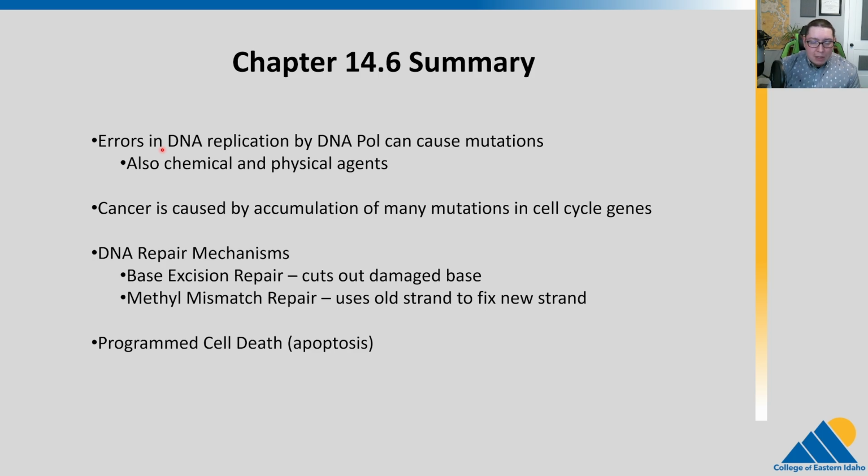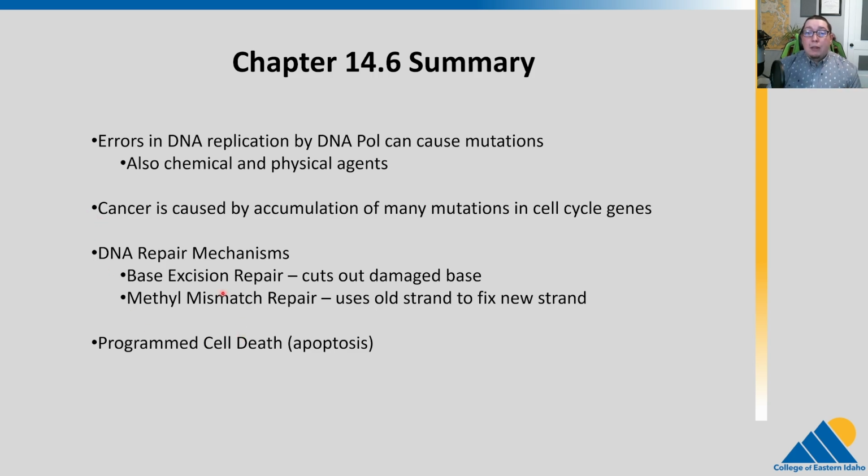So not an unheard of rate, but that's 300 out of 3 billion. That's not a high rate, right? So DNA replication, pretty good, pretty safe, but it does make mistakes. Cancer is caused by the accumulation of many mutations in cell cycle genes. So over time, your risk of cancer goes up because of the accumulation of mutations.